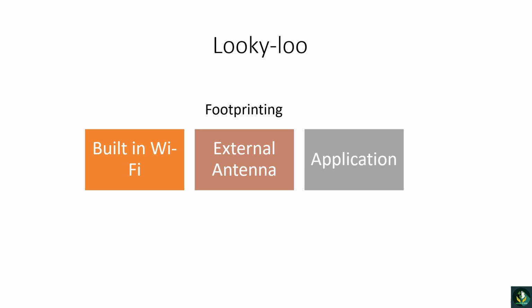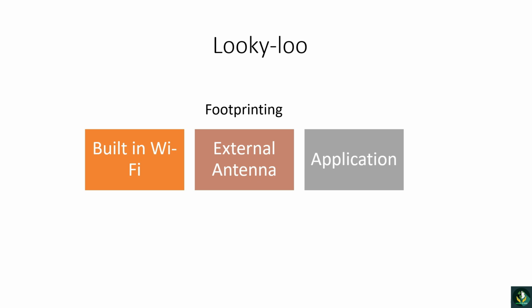You can understand the network itself in a couple of different ways. The first way is a passive method. As we remember from the previous lecture, passive is just sniffing the airwaves and seeing what is there.